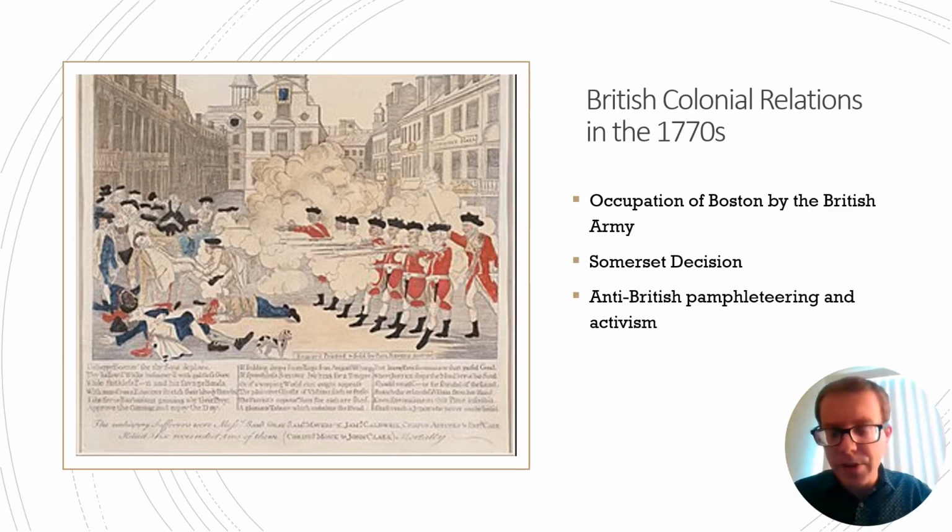And this is no small thing. Think about all these very important political leaders that participate in the Revolution: George Washington, Thomas Jefferson, James Madison. These are all members of that Virginia planter elite. So the Somerset decision is one very important cause of the American Revolution.